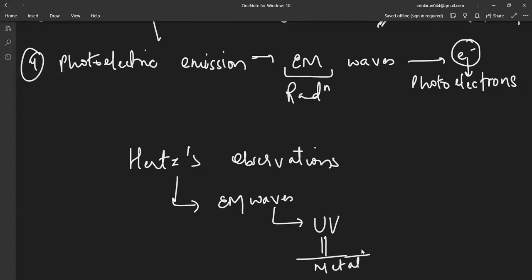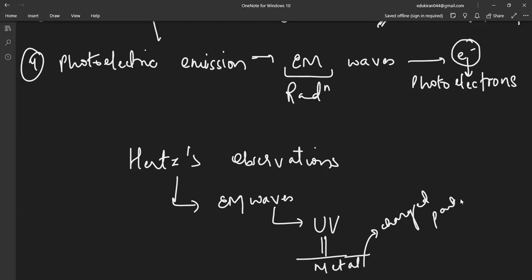charged particles were emitted, but by that time these charged particles were not termed as electrons. Right now we know those negatively charged particles are electrons, but at that time it wasn't known, so it was just said that some charged particles are getting ejected.